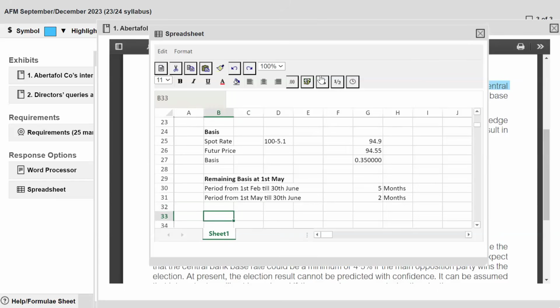So the remaining basis is going to be how much? It is this divided by the total time period, multiplied by the remaining period. So 0.14 is the remaining basis.